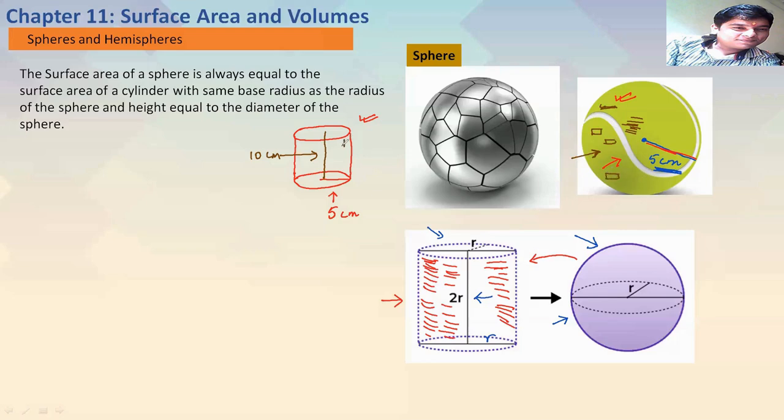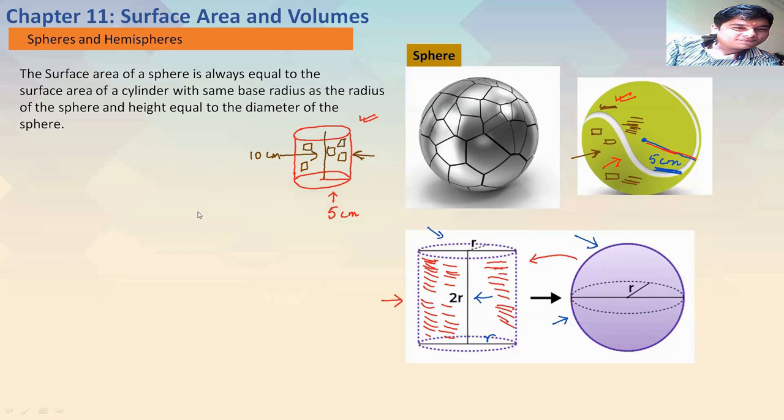And paste the pieces over here on the curved surface, okay? You will notice that all of this cloth will exactly cover the curved surface area of the cylinder. Are you getting it, Raghav? Yes, sir. Wonderful.